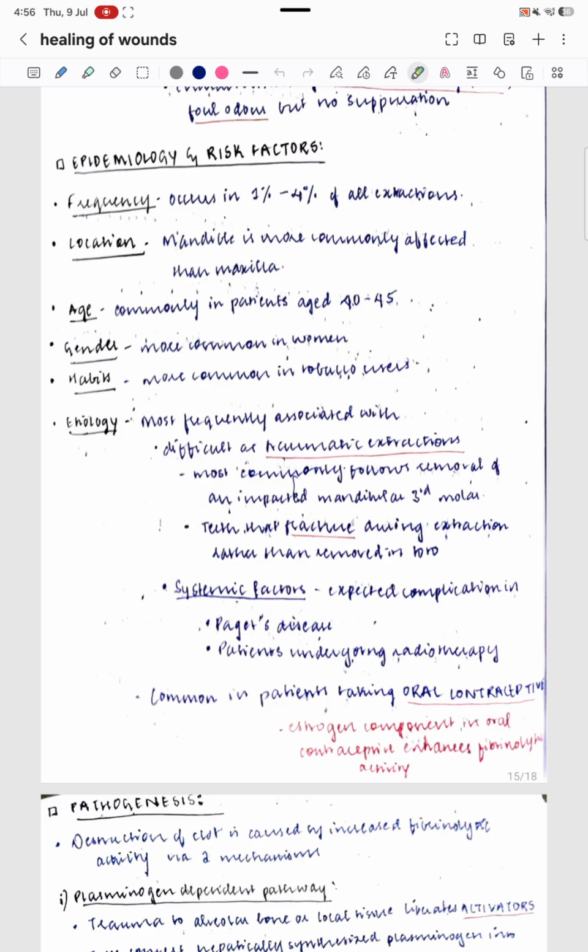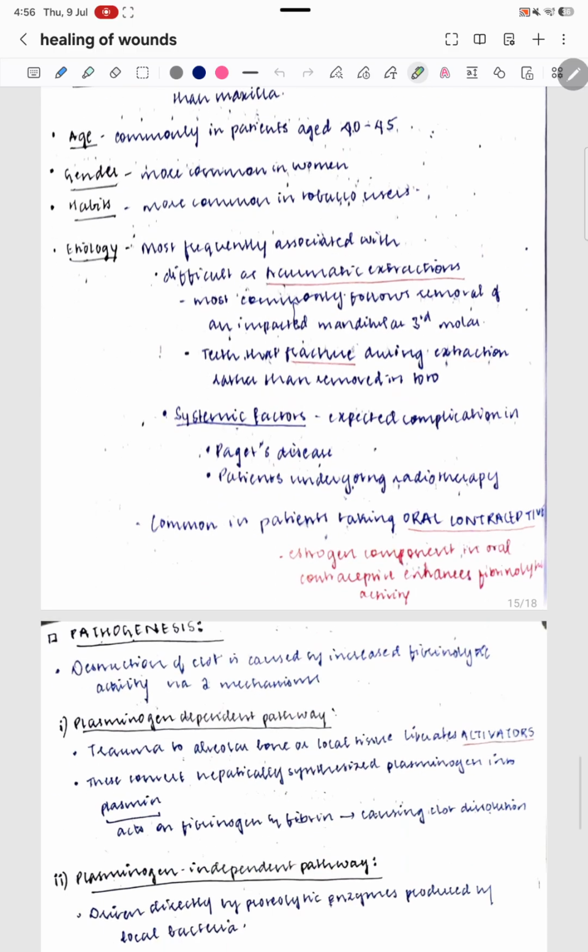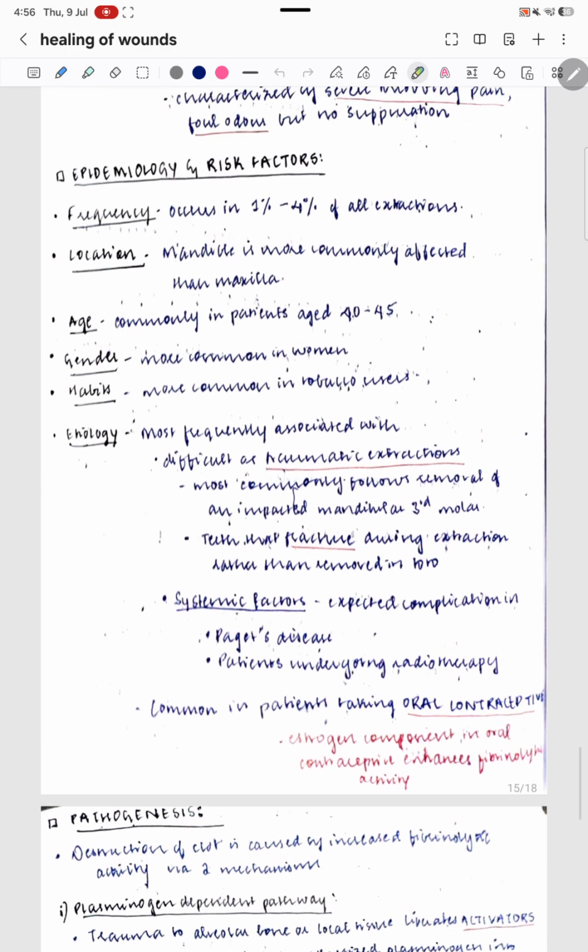Most commonly follows removal of an impacted mandibular third molar, and teeth that fractured during extraction rather than being removed in toto. Okay, so these are your predisposing factors. Female is a predisposing factor. Mandible, okay, that's not a predisposing factor, that's the location.